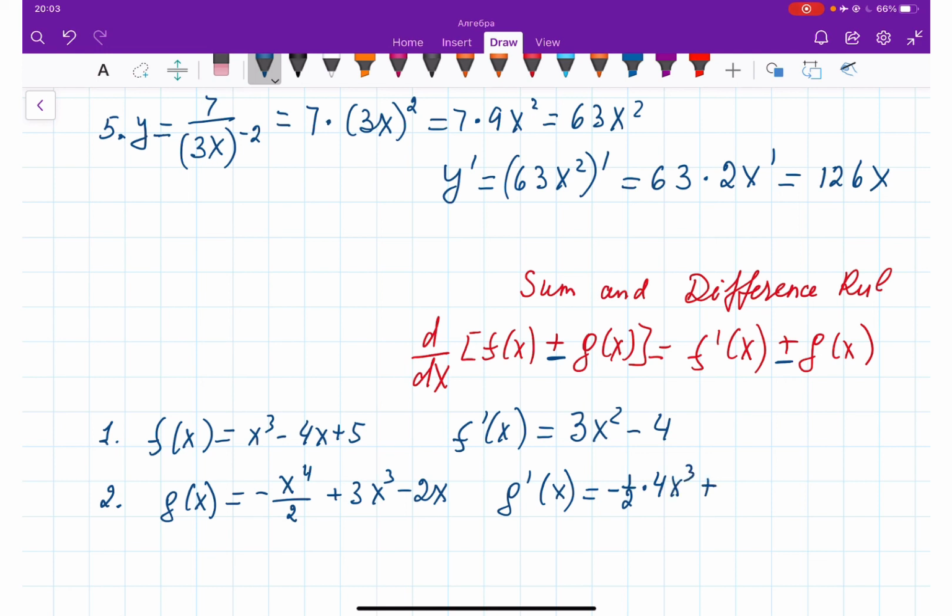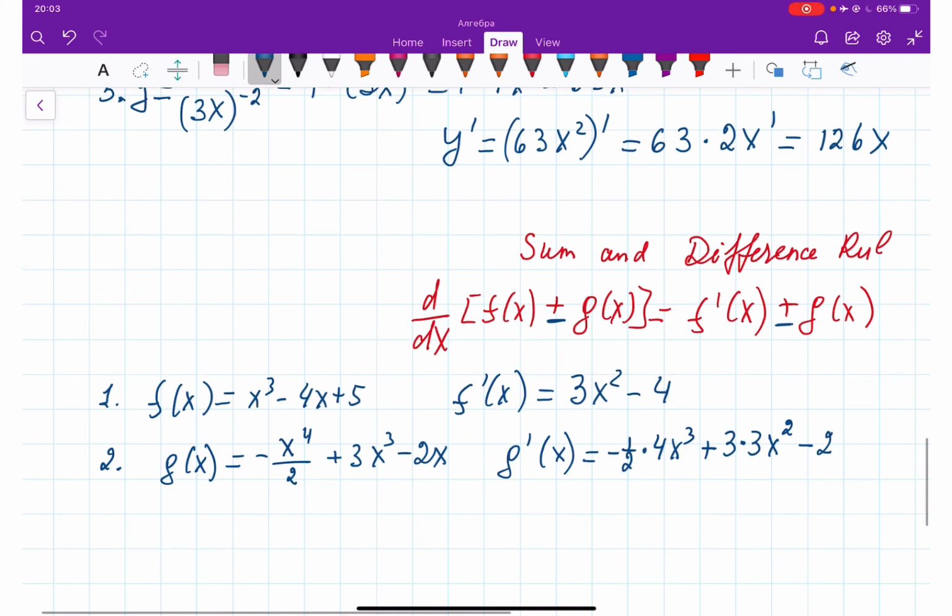And then plus the derivative of 3x cubed: 3 stays, the exponent 3 comes in front, and x will be to power 2, 3 minus 1. And the derivative of 2x is going to be 2. Negative half times 4 is negative 2, so it's going to be negative 2x cubed plus 9x squared minus 2.